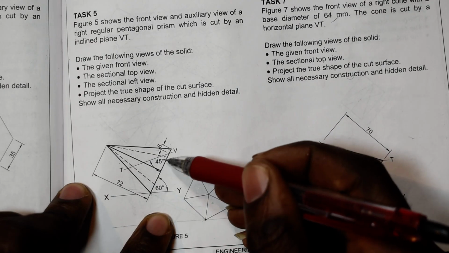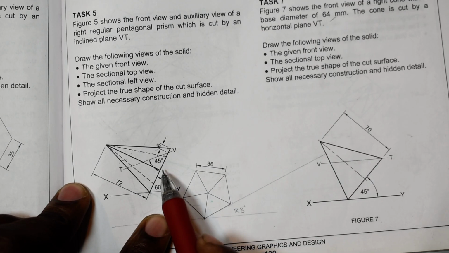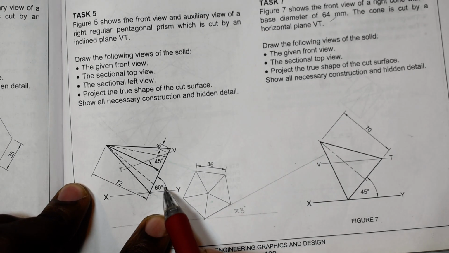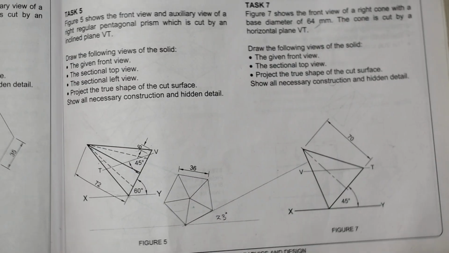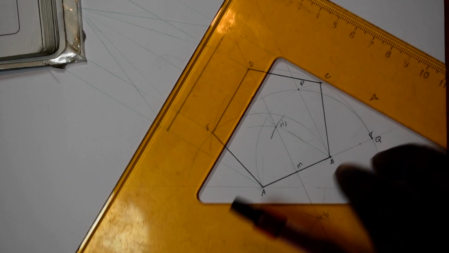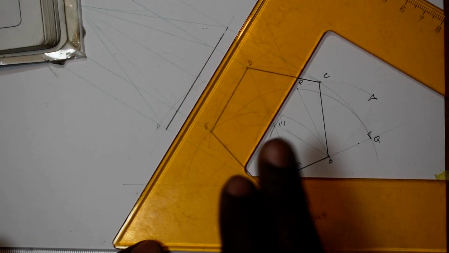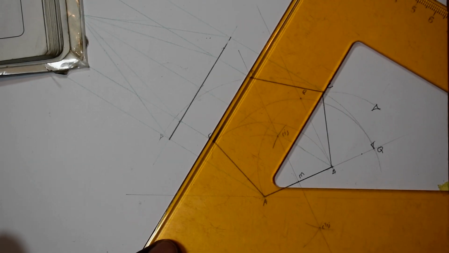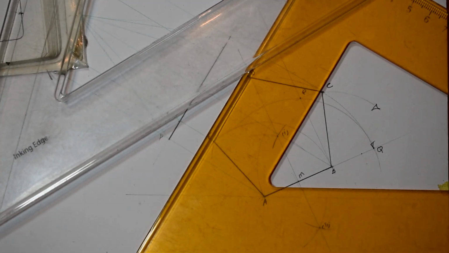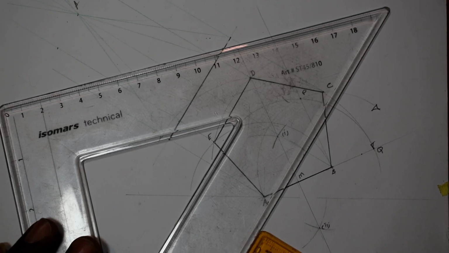The reference line of this 45 degrees is that angle 60 degrees. Don't forget that. So this is my T-square. I can firstly put the angle 60 degrees, then on top of the angle 60 degrees I can open angle 45 degrees. Flash it just a little bit down. So there it is. You understand?